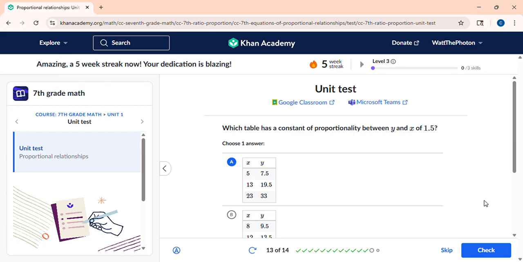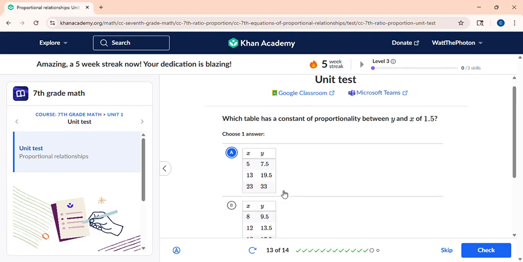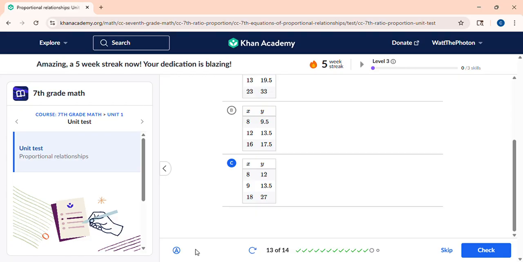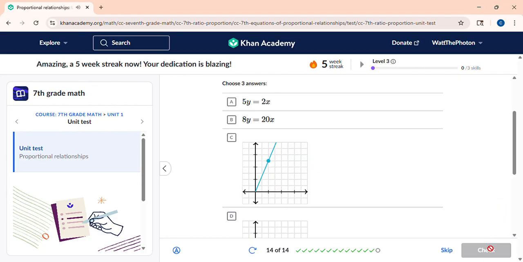So 5 times 1.5. 23, it should be 34.5. Let's check this. 8 times 1.5, 9 times 1.5, 10 times 1.5. Yay!